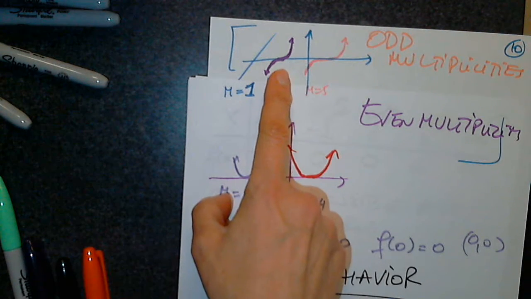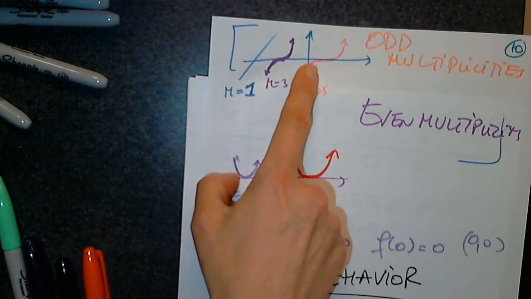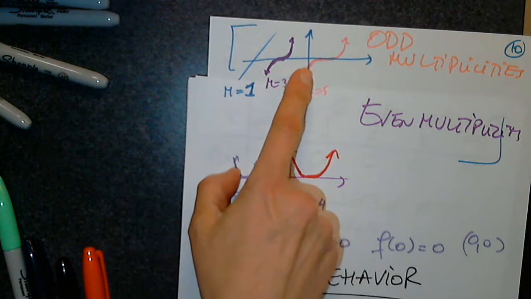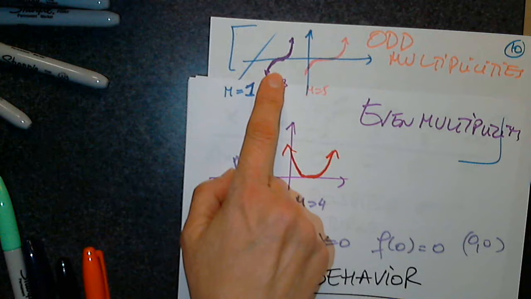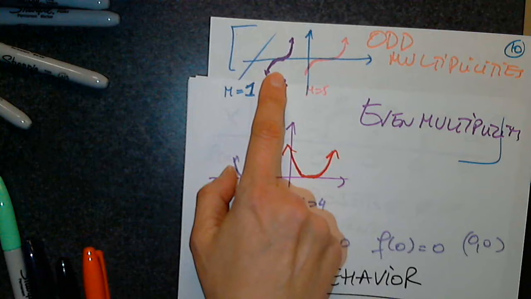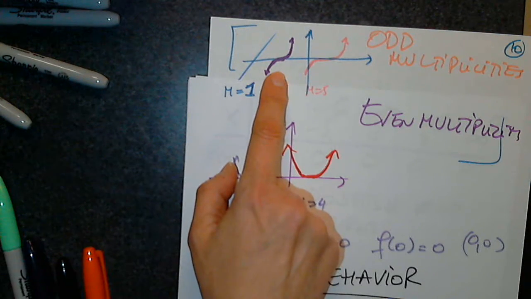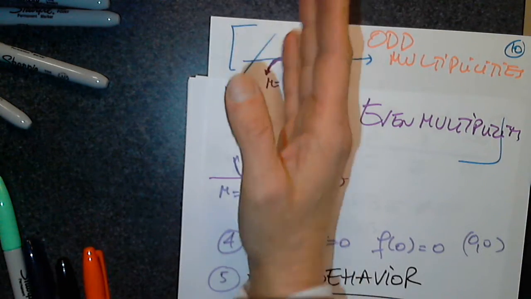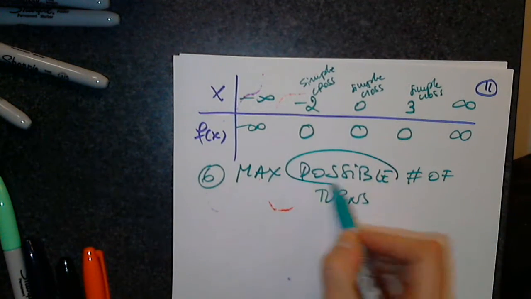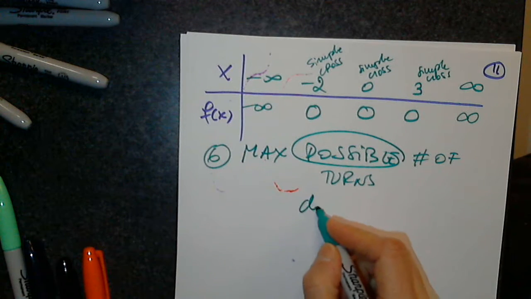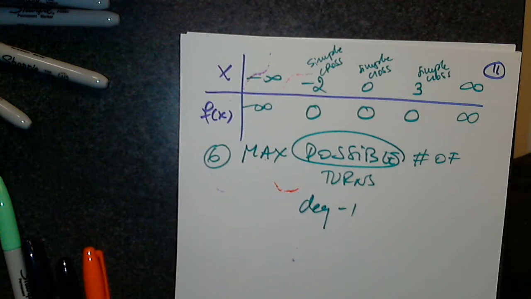This is x cubed. Well, it's shifted, but if it were right here in the middle, at the origin, what is the degree? How many max number of turns can it have? 2. How many does it have? None. It doesn't turn. It goes up all the time. So when I say the maximum possible, this is the key word. The possible number of turns is degree minus 1, but it doesn't have to have any.